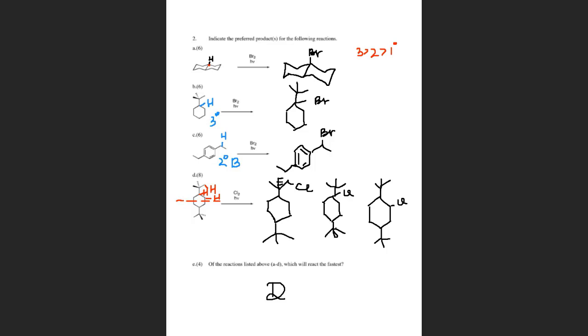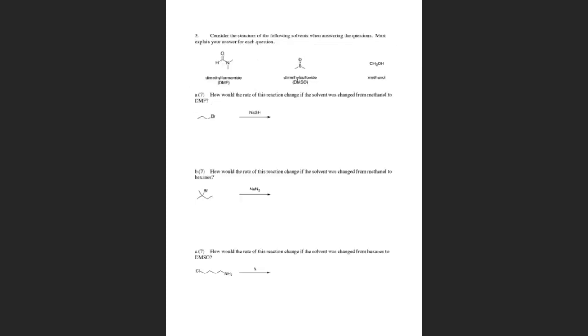But when comparing bromine and chlorine as the reactant, chlorine would be the faster reaction than bromine. I don't think you have to compare between the three products we're making, because then technically the tertiary would be the fastest. But yeah, all right, let's go to the next one.